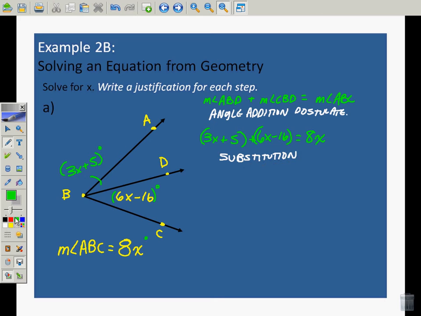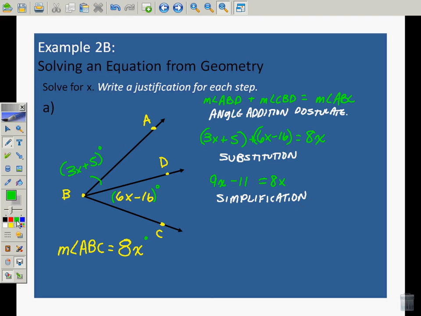Now, when I go down to the next step, I'm going to be taking pieces that go together and putting them together. So I've got 9x minus 11 is equal to 8x. That's going to be simplification. Simplifying my life there.